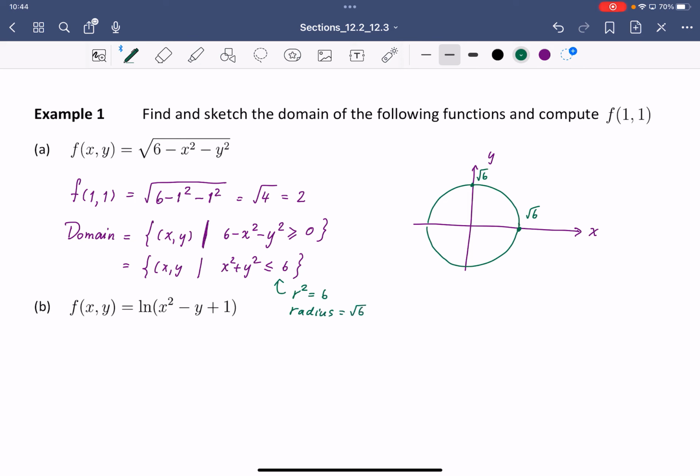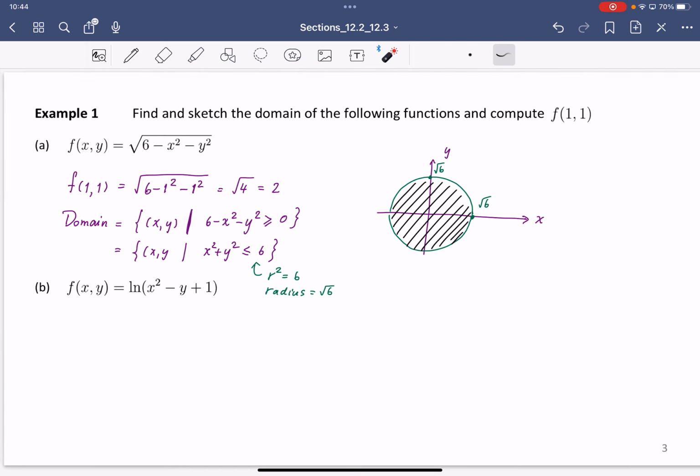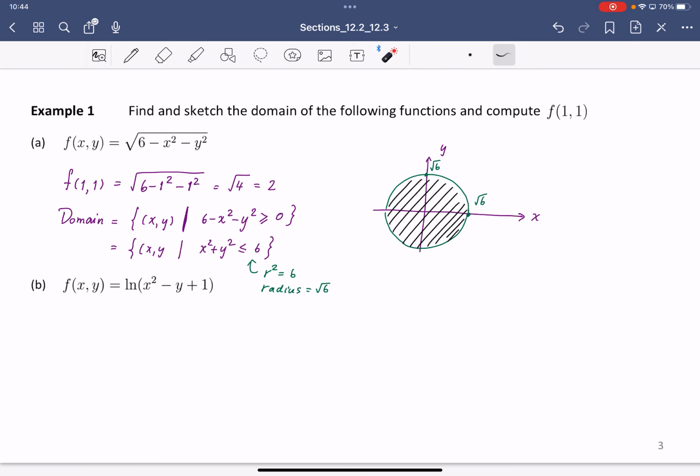And because you want something inside the circle, since it's less than or equal to, you shade the inside. This is the sketch of the domain. It means you can only plug in points inside here so it can be calculated. Otherwise, it's going to be undefined because it's outside the domain of x and y.